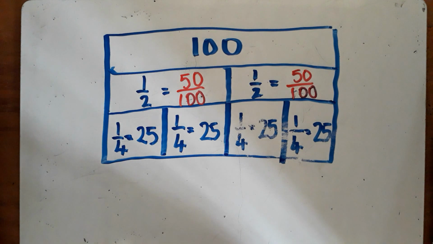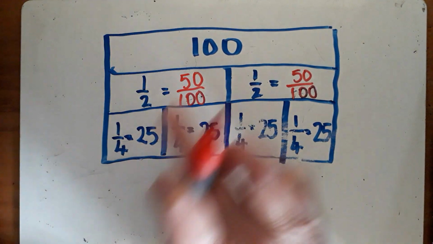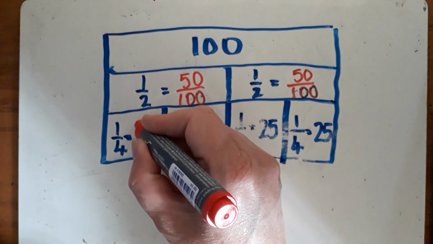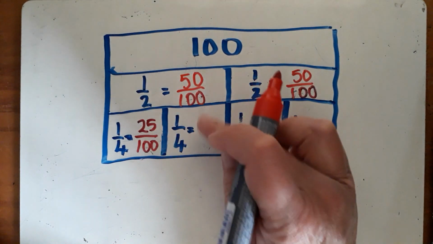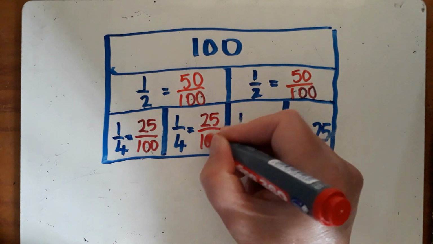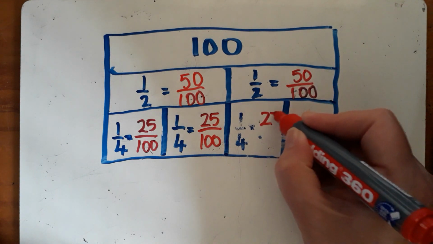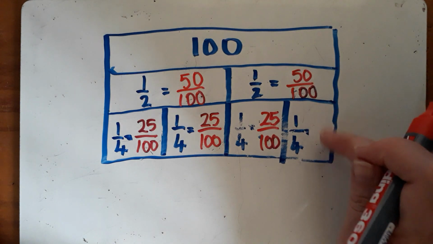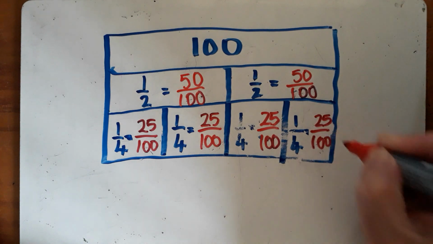And here where we've got our quarters, we've got 25 out of the 100, so we'll write that as 25 hundredths, and that one as 25 hundredths, and that one as 25 hundredths, and the last one as 25 hundredths.